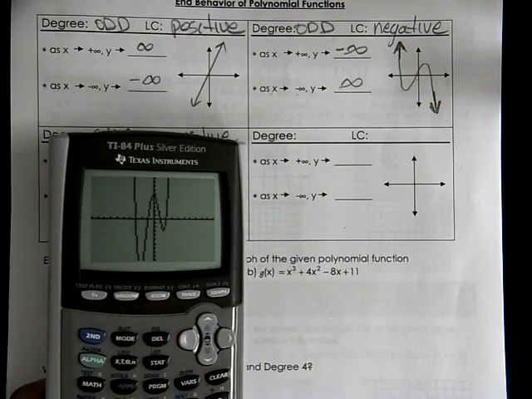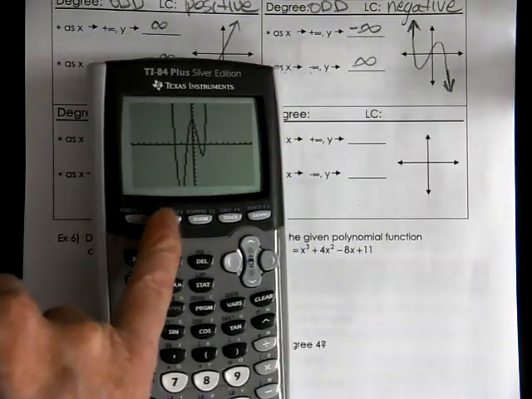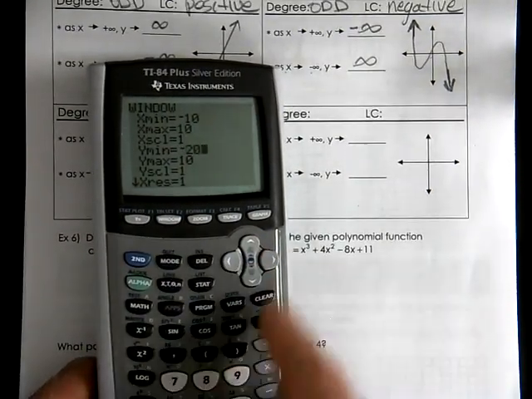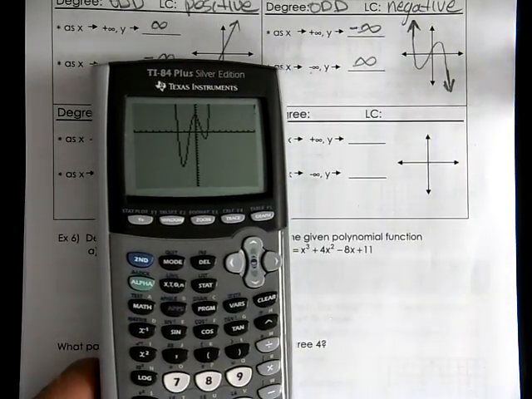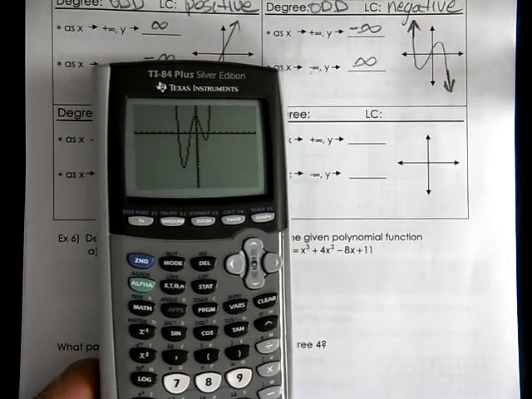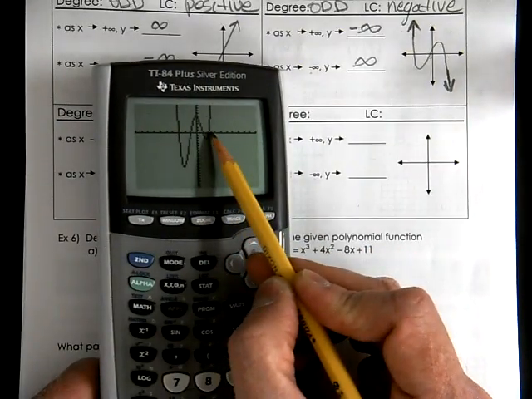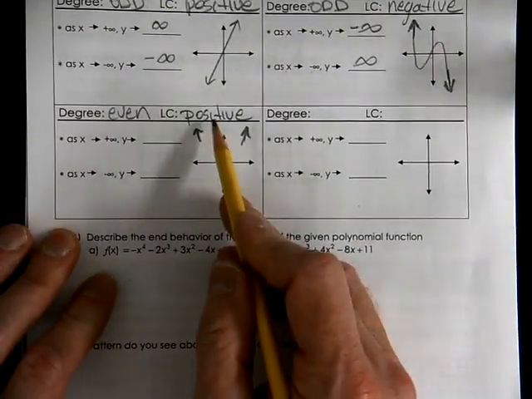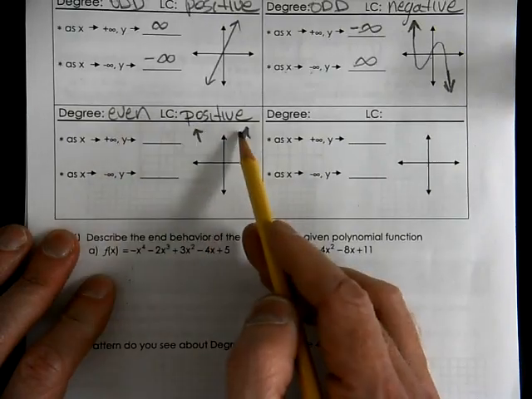So if I go down a little bit more in my window, I can look to see where my minimum is, and I can make it go down farther, and then we can see it through the curves. Fourth degree is going to cross up to 4 times. That's a different lesson, really, but so if it's positive, it goes to the right up. Even, it goes in the same direction up.